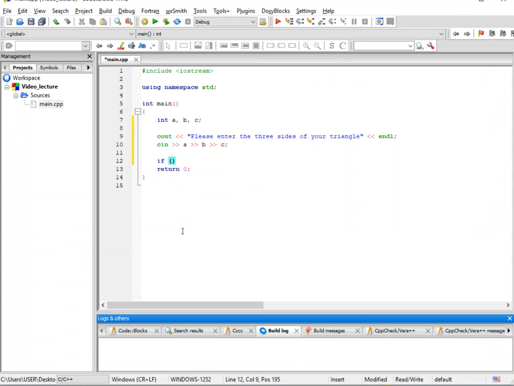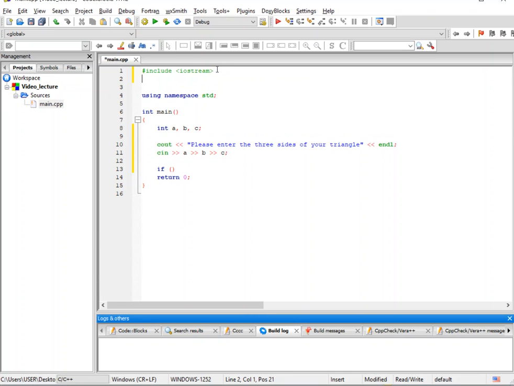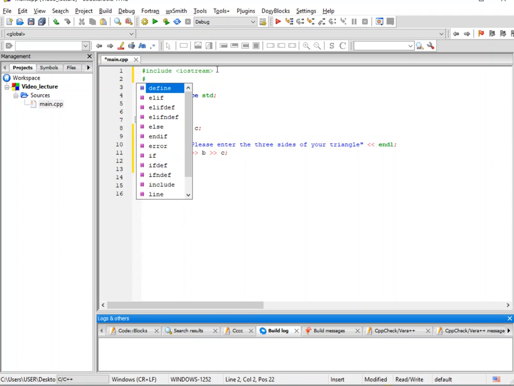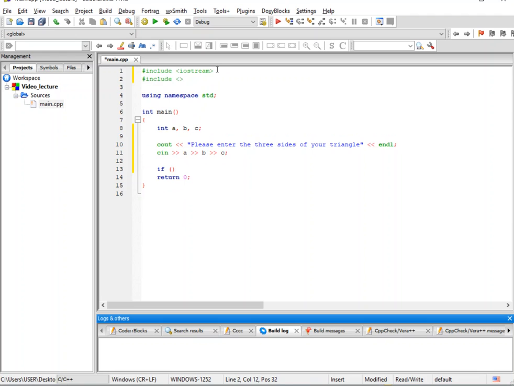We could also use the power function, but then we have to include cmath, which allows us to use the power function, which is a mathematical function.